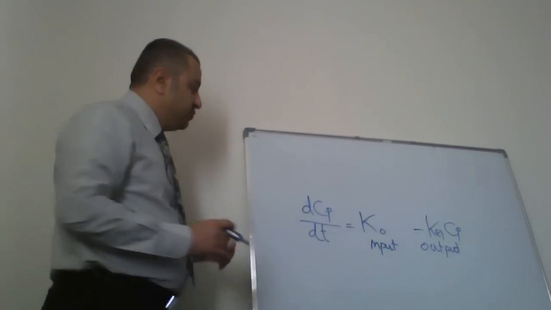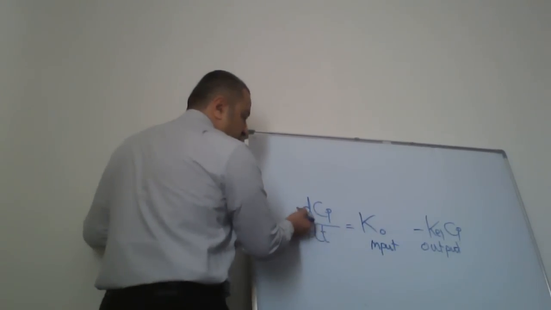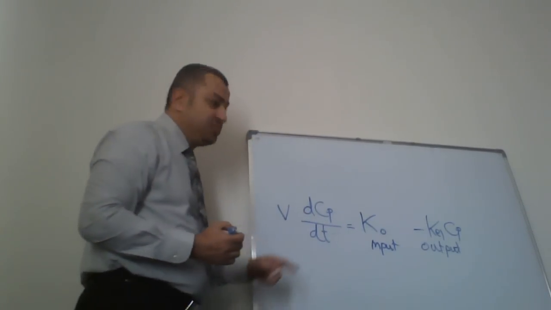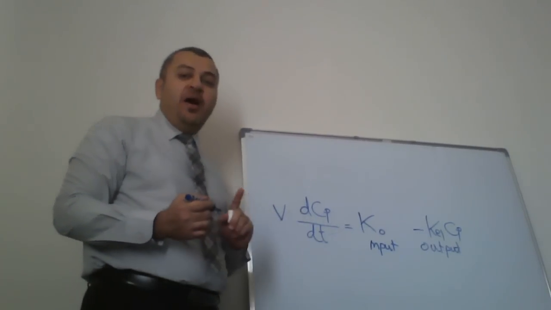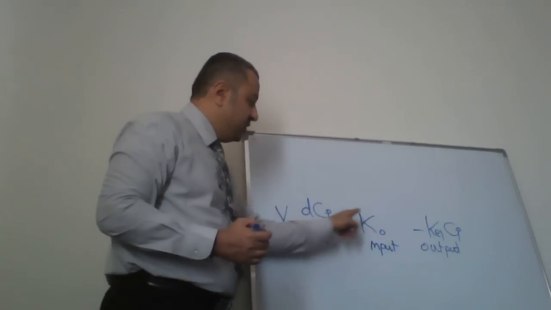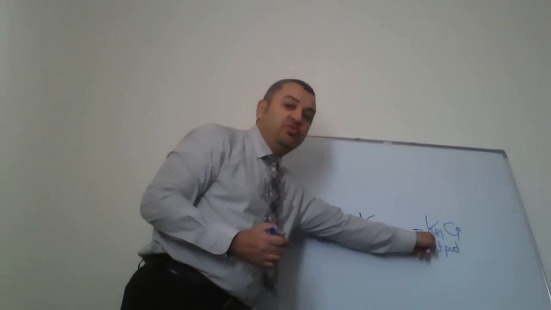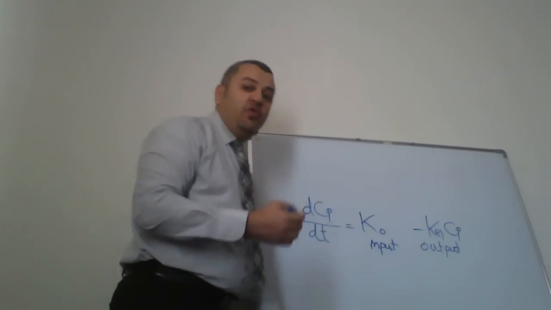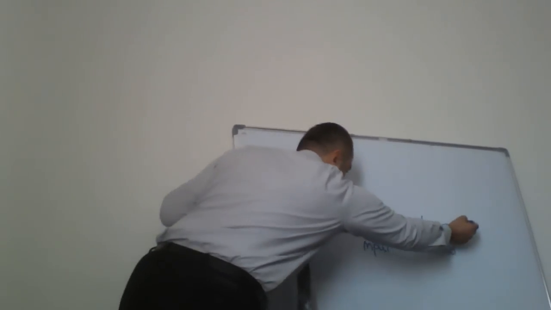So if I multiply dCp divided by dt by V, then it will be amount per time. This amount per time will be minus KEL Cp, and I have also to multiply it by V.